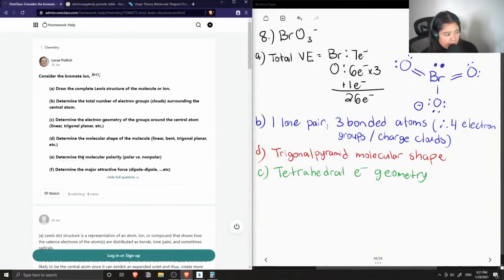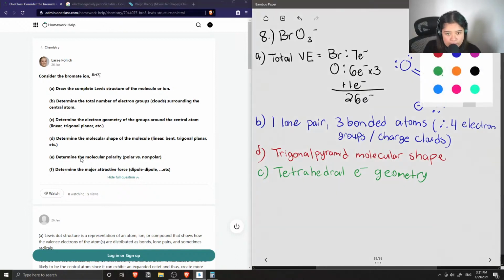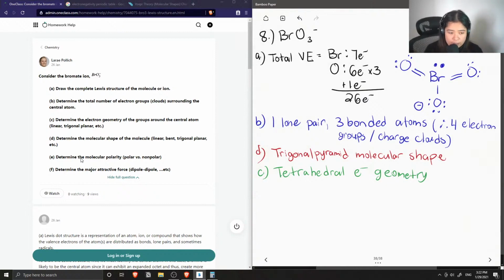So part E is to determine the molecular polarity. So is it polar or nonpolar? To do this, let's find out if the bromine-oxygen bond is polar or nonpolar. To do that, we need to calculate the electronegativity difference between bromine and oxygen.